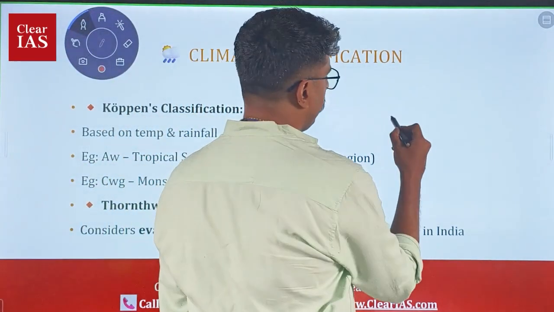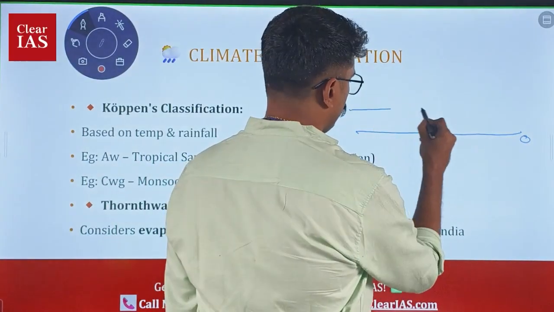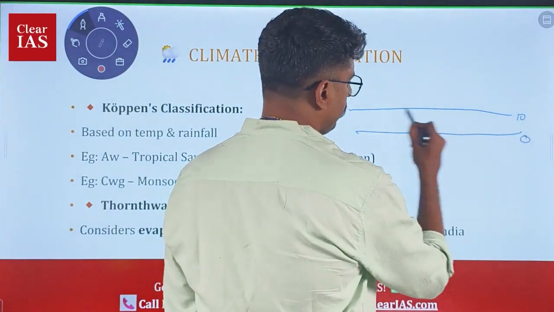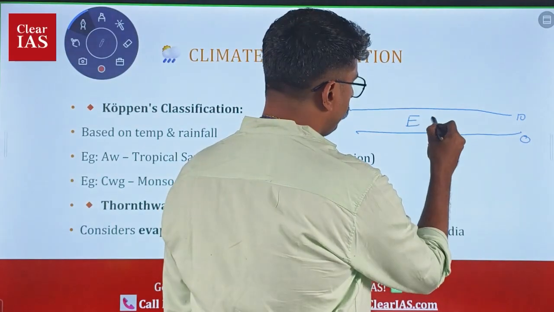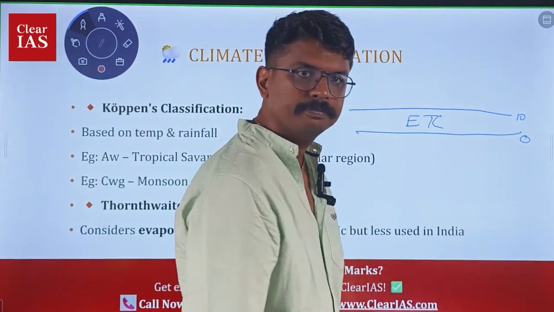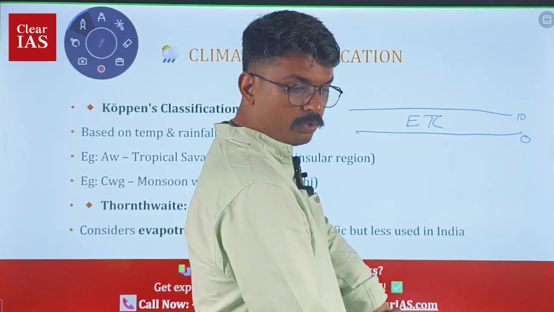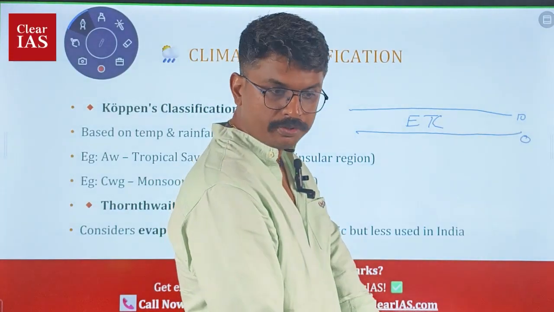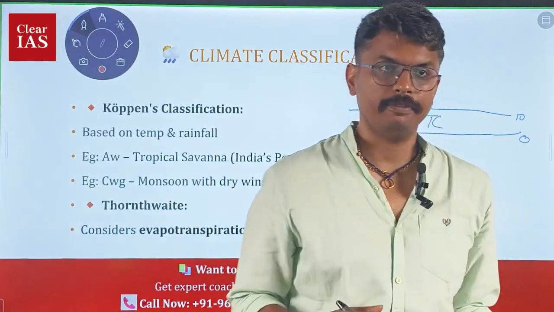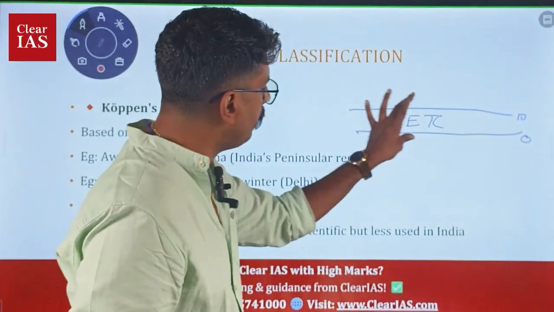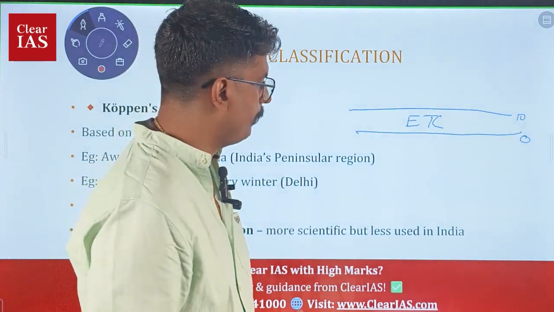By naming them, you can see, for example, 0 to 10 degree, this entire latitude, you can see equatorial type of climate, right? Recently, I visited Malaysia, so there I saw equatorial rainforest. Morning it would be hot, and evening usually there would be rainfall. So this entire belt is equatorial type of climate.